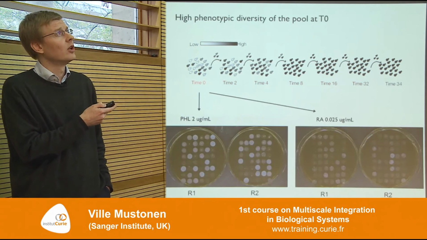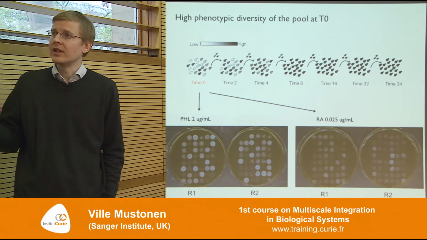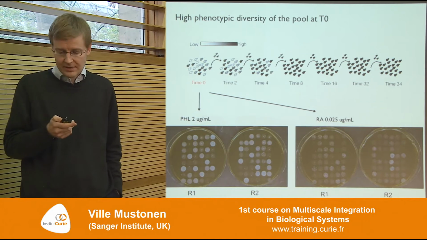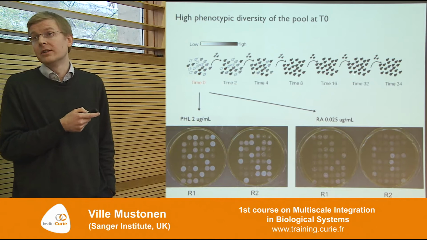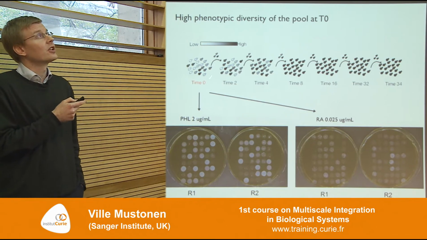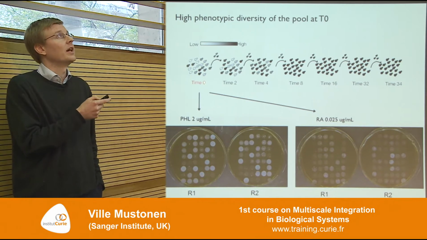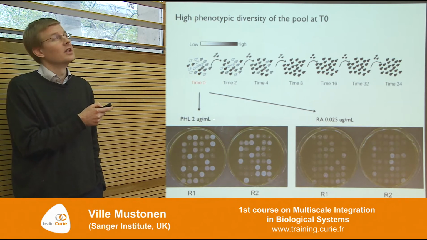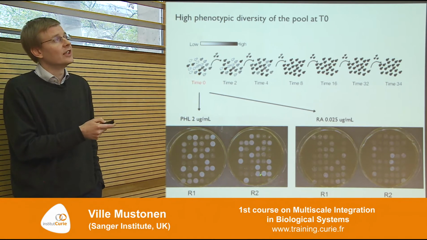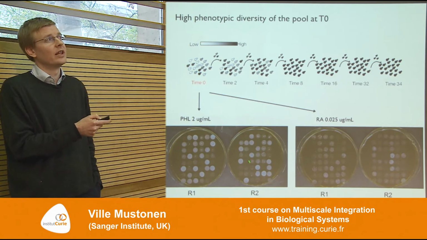Let's have a look at the initial population, whether that genetic variability leads to any phenotypic variability. What you see here is the initial population, done in 2 replicas with spot assays, basically seeing how different individuals grow and form colonies under phleomycin. And you can see that yes, there is quite a bit of phenotypic variability in the initial population.